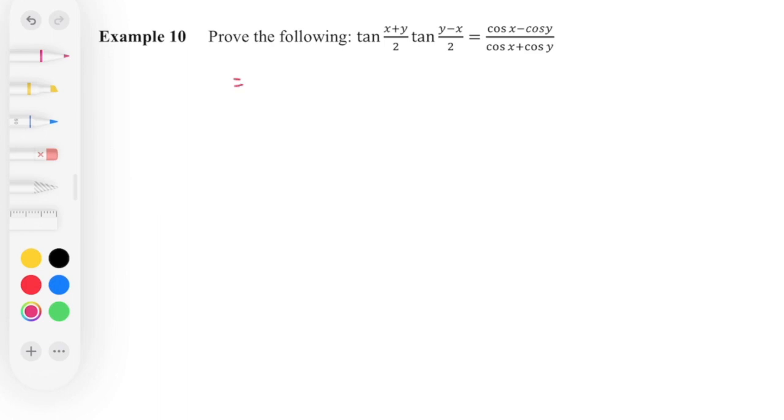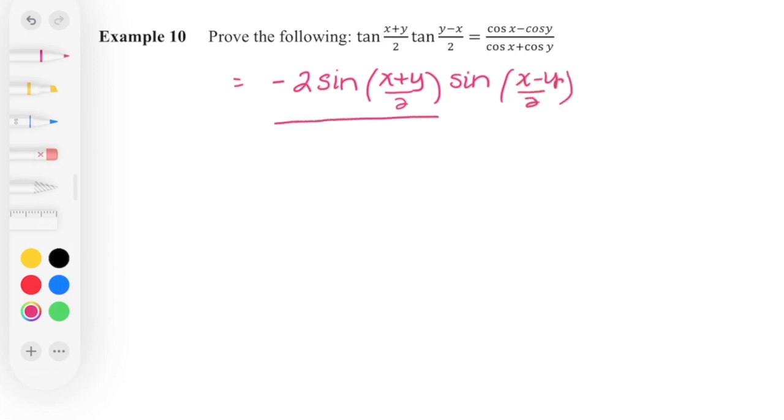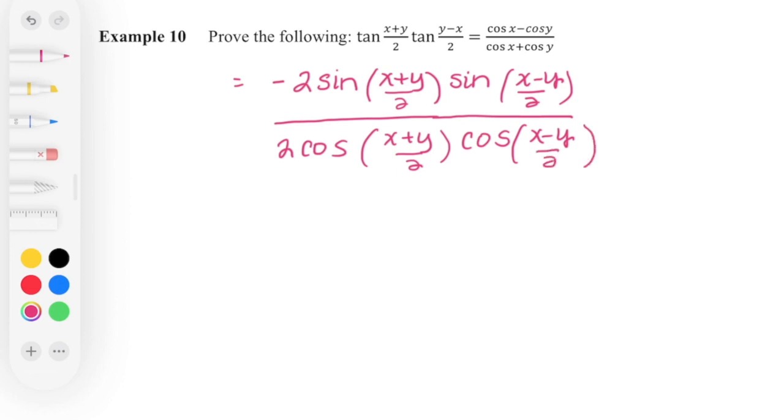In our numerator, we will end up with a negative 2 times sine of (x plus y) over 2 times sine of (x minus y) over 2, all over, looking at the addition of 2 cosines, 2 times cosine of (x plus y) over 2 times cosine of (x minus y) over 2.